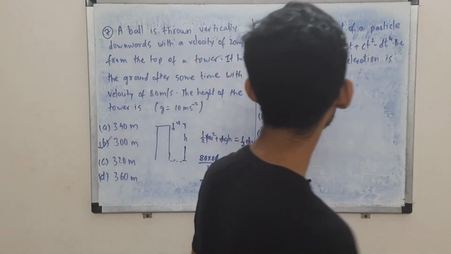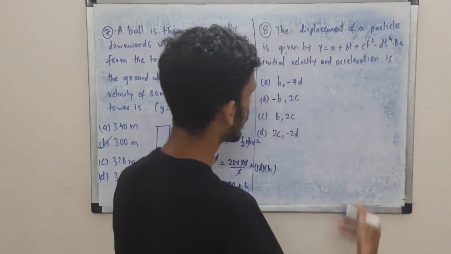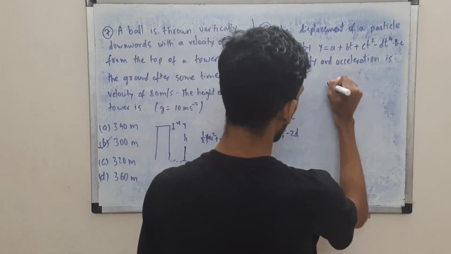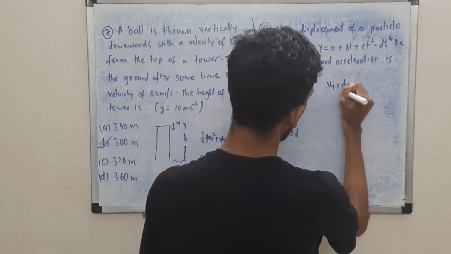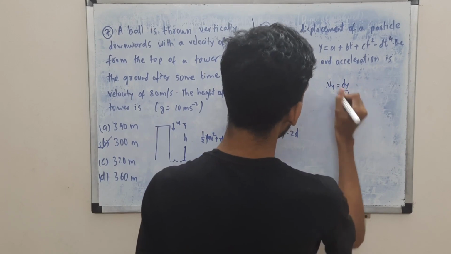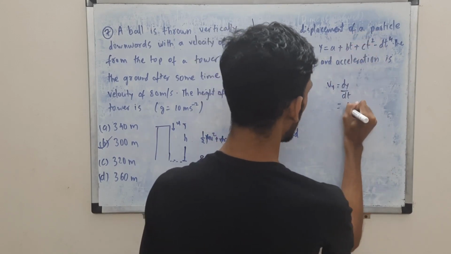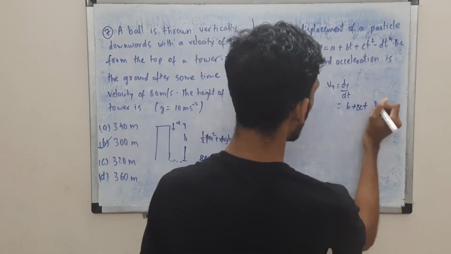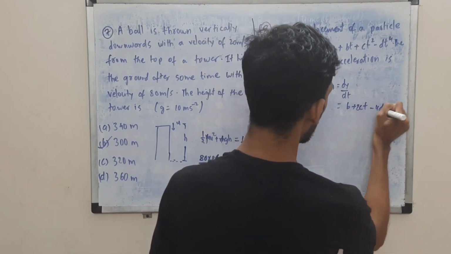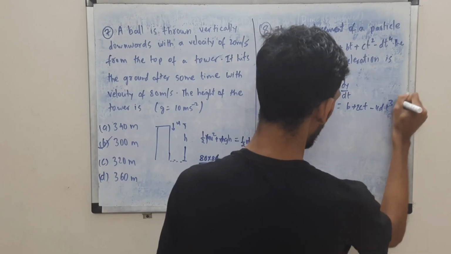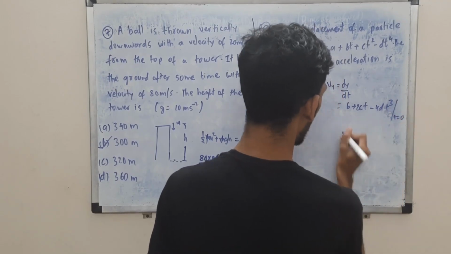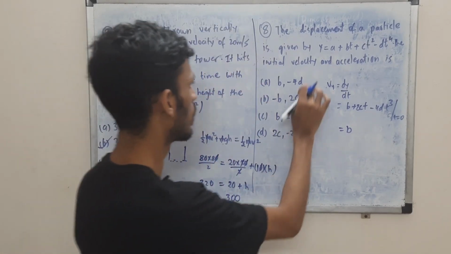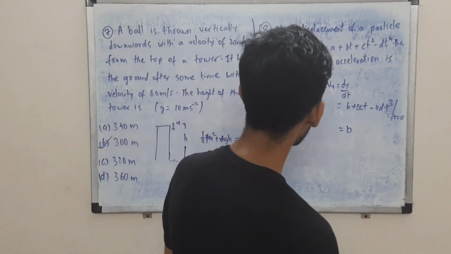Let's come to this one. Here we have the displacement of the particle given, and you are supposed to tell the initial velocity and acceleration. Initial velocity you just get by differentiating it. So a is a constant, b t, so b will remain, then c gives 2ct, minus 4dt cube. For initial velocity, you just plug in t equal to 0, so you'll get b, so option C. And what is the acceleration?